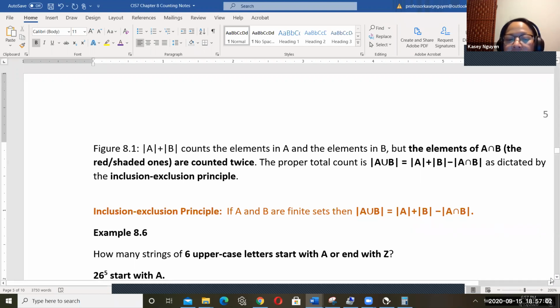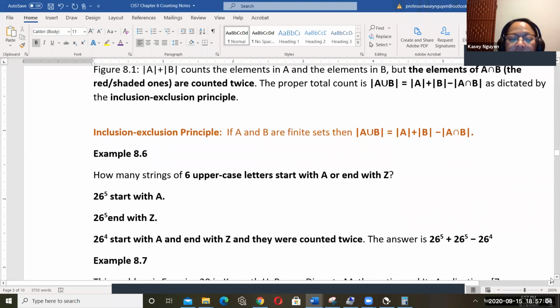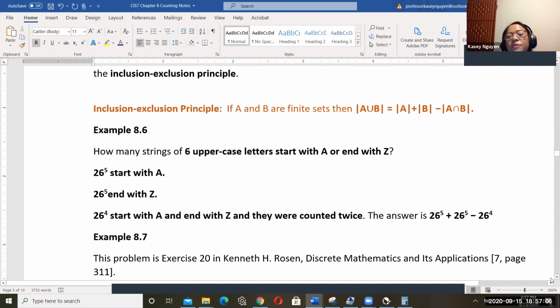Okay, so let's take a look at 8.6 so you can see more how this would apply to counting. It asks how many strings of 6 uppercase letters start with A and end with Z. We know that there are 26 characters in the alphabet.